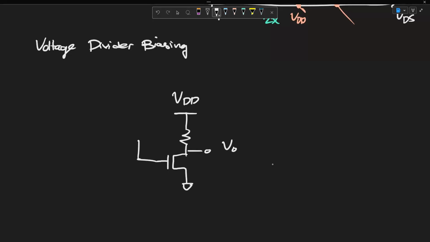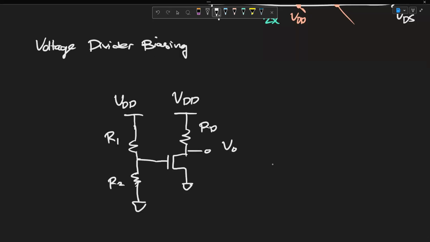So as you may guess, a voltage divider just sets the voltage at Vin by placing two resistors here. You have R1 and R2. This is your RD.